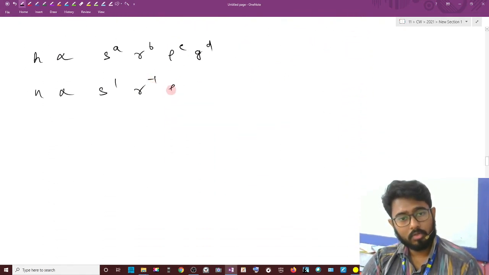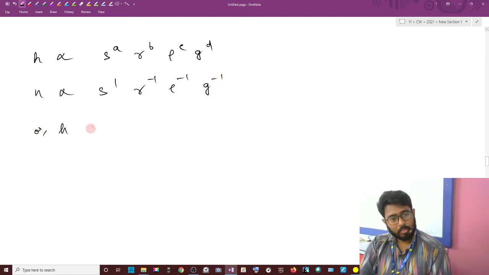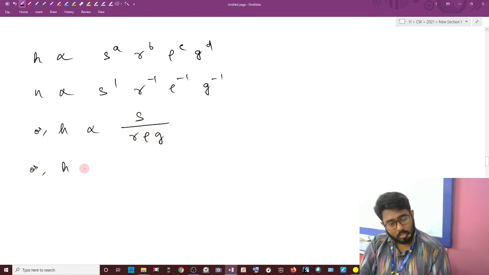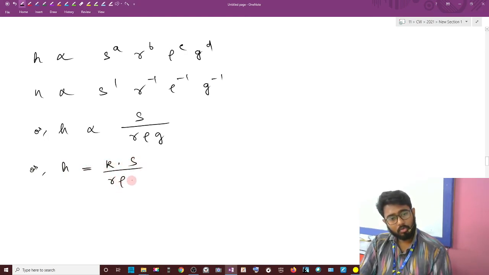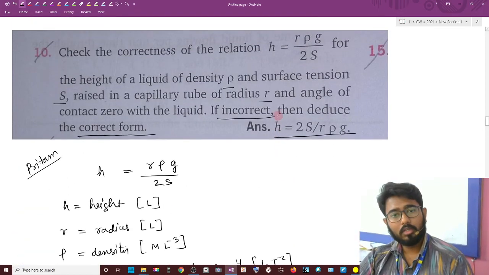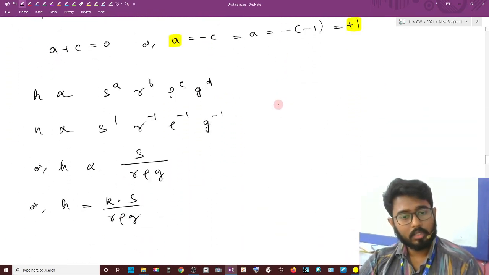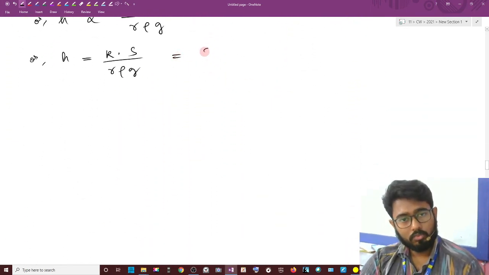So h proportional to s by r rho g, or h equals some constant into s by r rho g. Now here in the question they have already mentioned the constant 2, so we will take the constant as 2, so it will be 2s by r rho g.